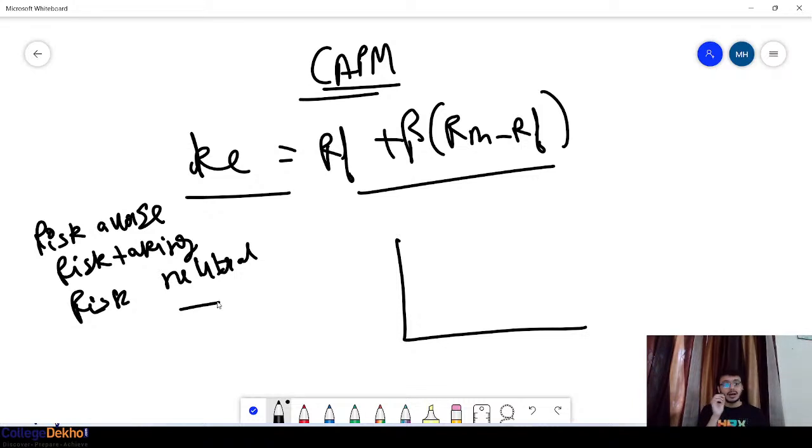A risk-taking investor loves to take the maximum risk, so he would be investing mostly into equity. And a risk neutral investor combines the strategies of both, holding both equity and bonds in his portfolio.